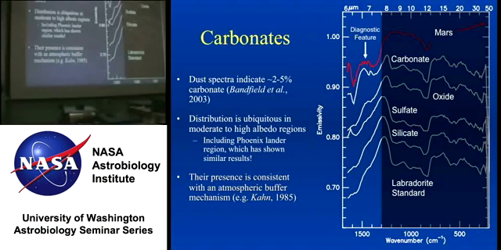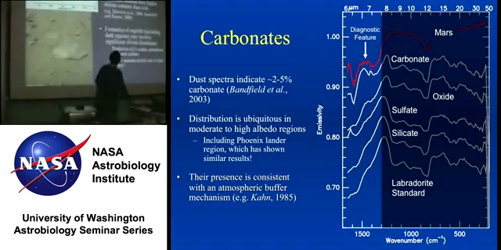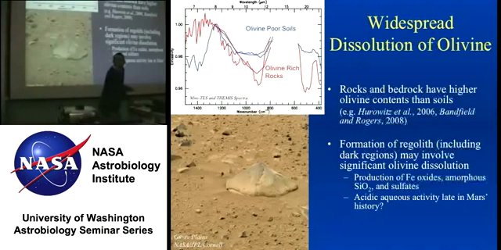So it sounds nice, at least. I like the hypothesis put forward by Ralph Kahn way back in 1985 to explain why the Martian atmosphere is close to the triple point of water as it is right now.